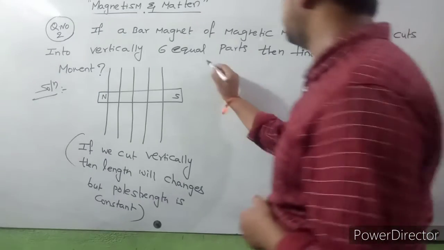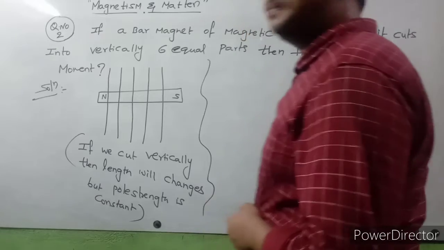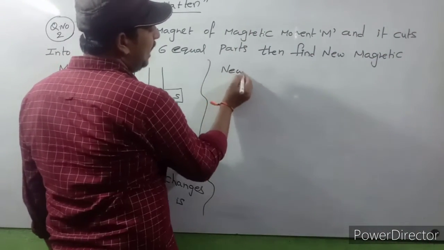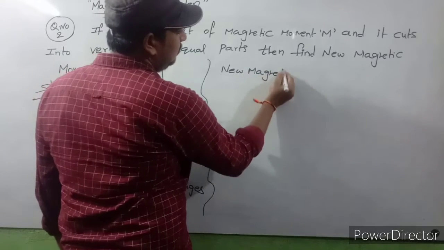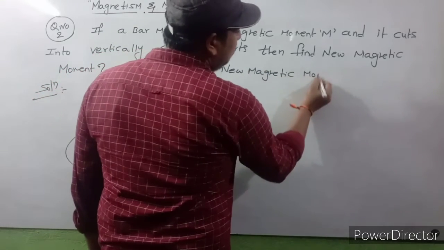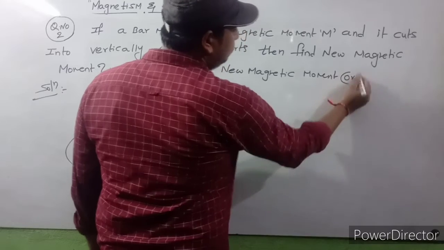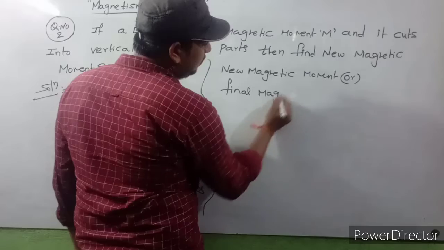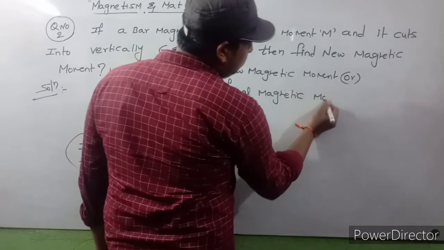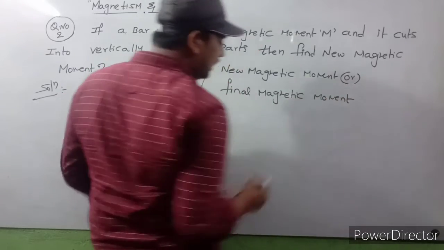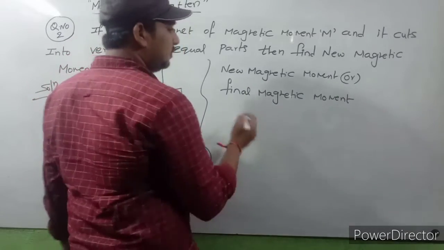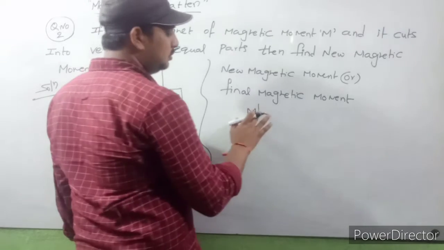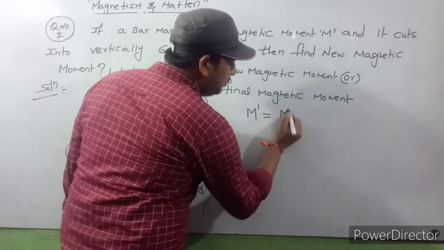Then how to solve this question? What is the formula? The new or final magnetic moment formula: m dash is equal to m by n.